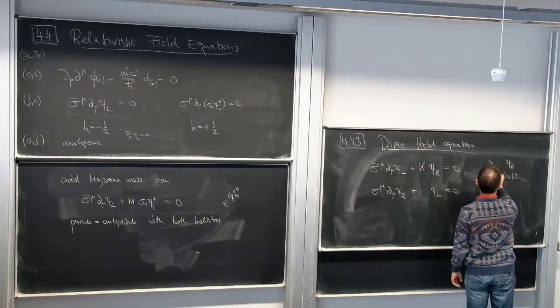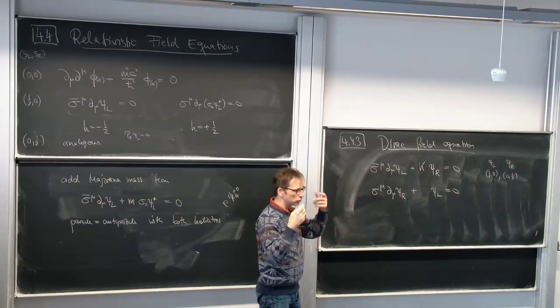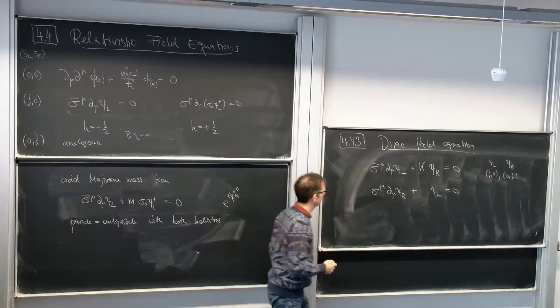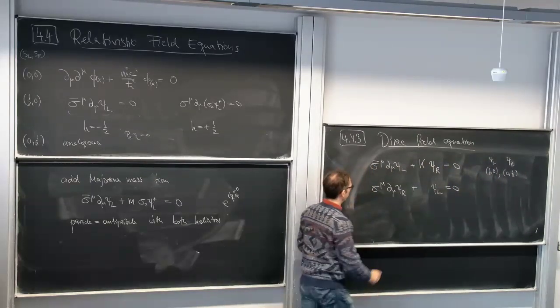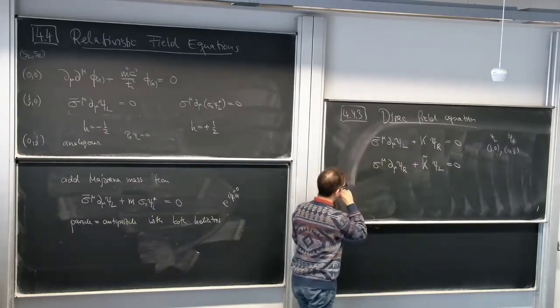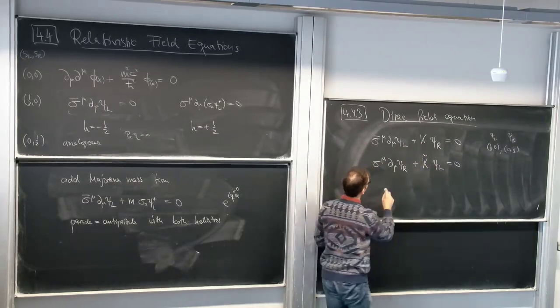When I'm writing this, this is my field content. I'm now thinking of a system of 2 fields, not just one, two Weyl spinors. One in this and one in this representation. I can write this equation down. And here I don't know what it is, so I'm fixing this because everybody should be massive.